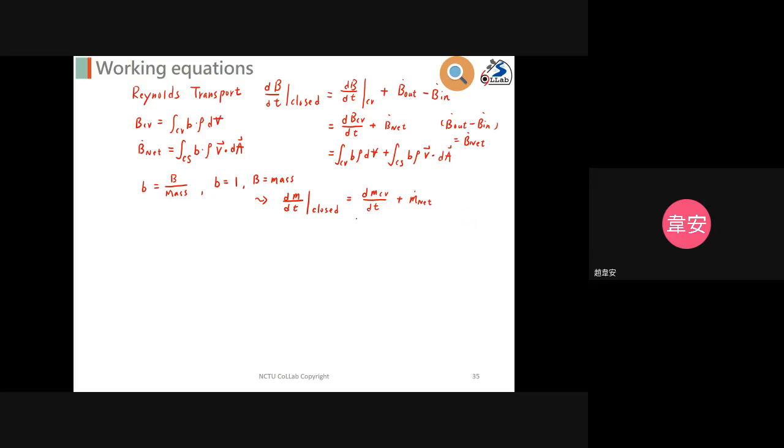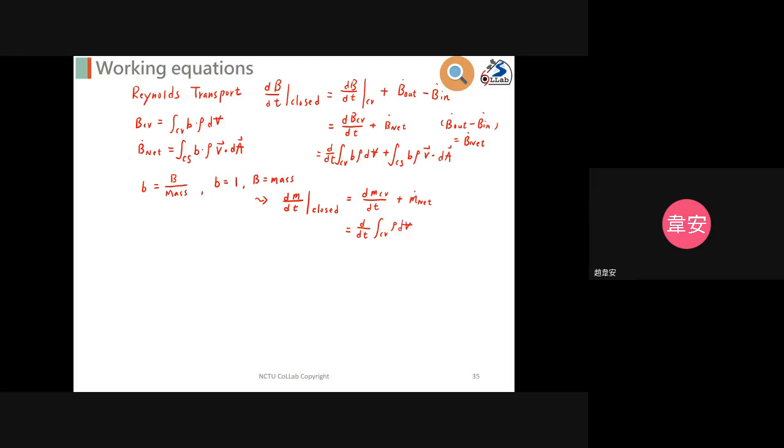And we can also rewrite the equation using integration. So we still need to add the d/dt here: d/dt of the integral along the control volume of rho dV.